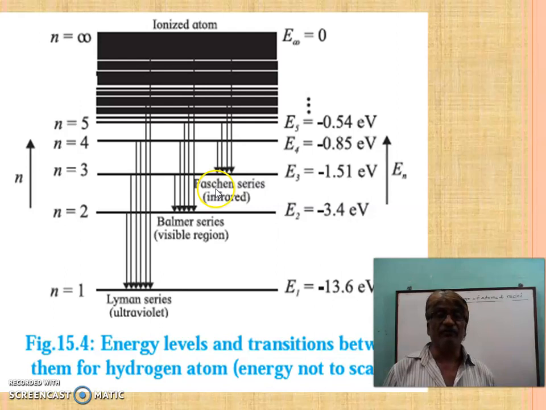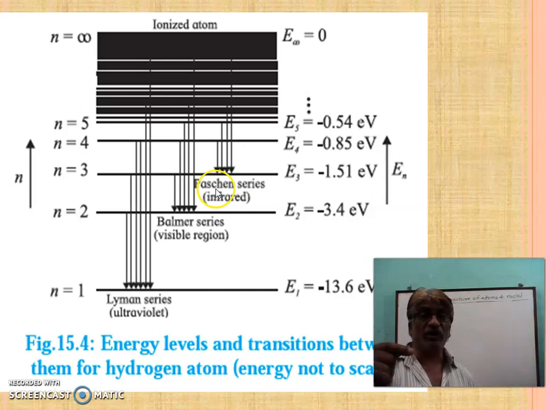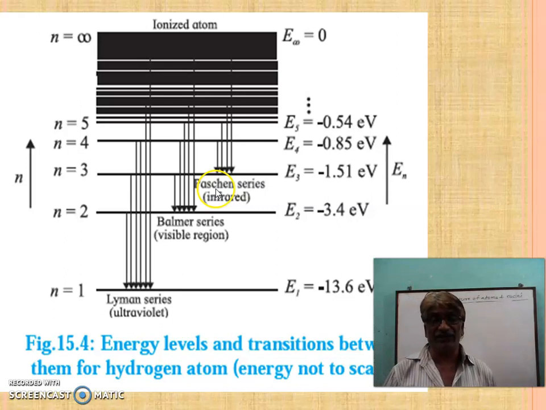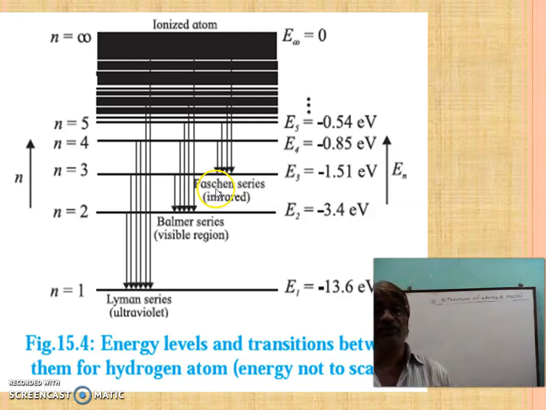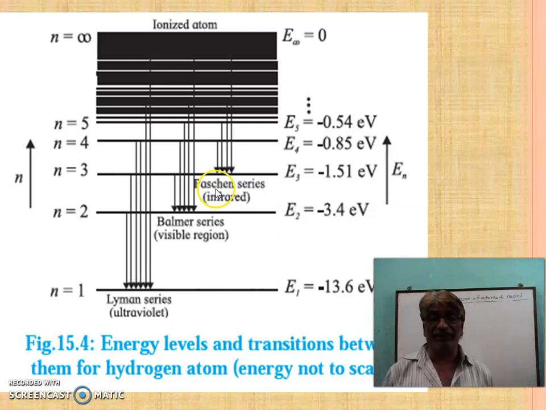If we draw a transition of an electron from the fifth orbit to the fourth inner orbit, that is the first line of the Brackett series. A transition from the sixth outer orbit to the fourth inner orbit represents the second line of the Brackett series. A transition from the seventh orbit to the fourth inner orbit represents the third line of the Brackett series.